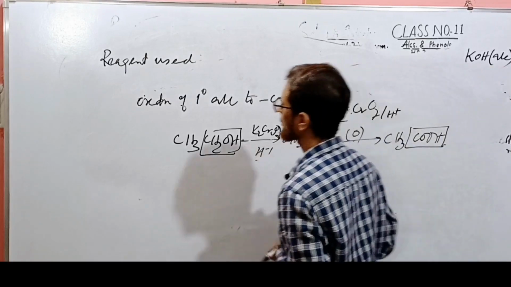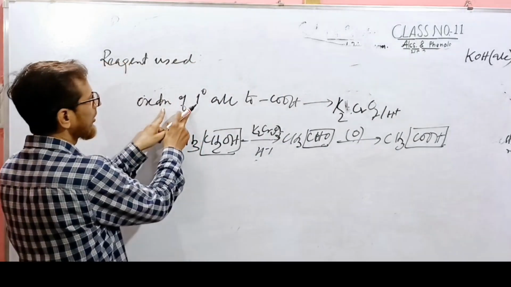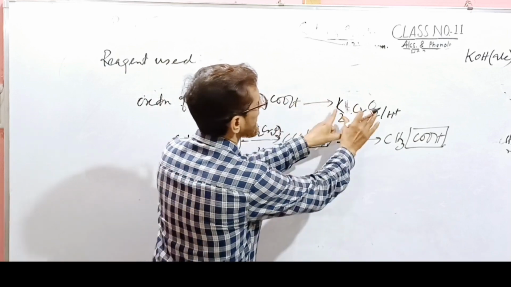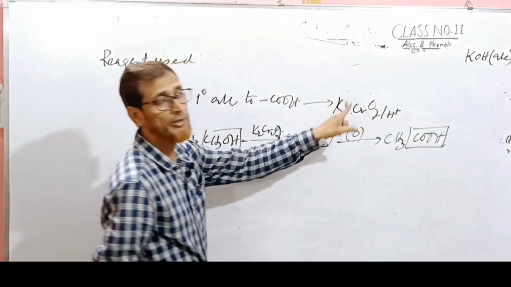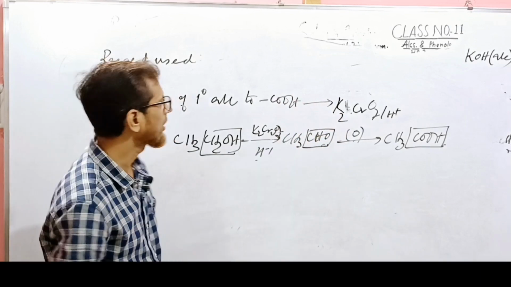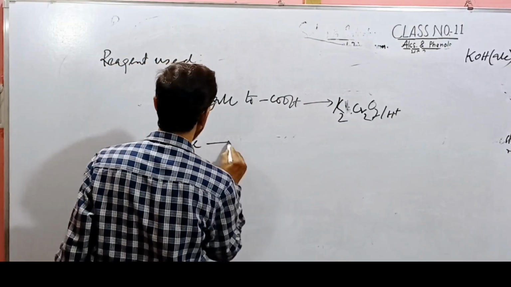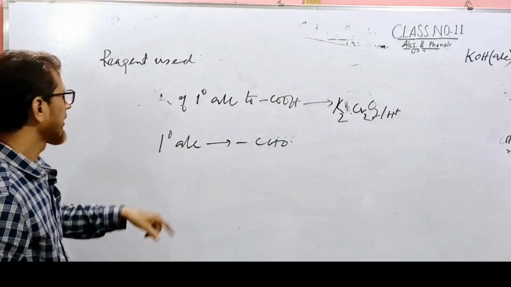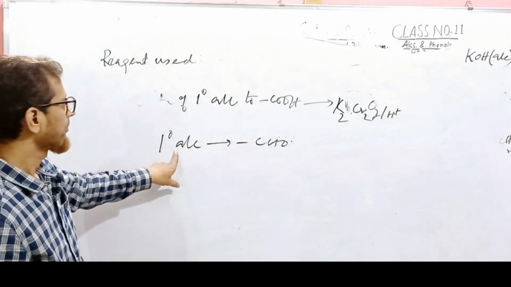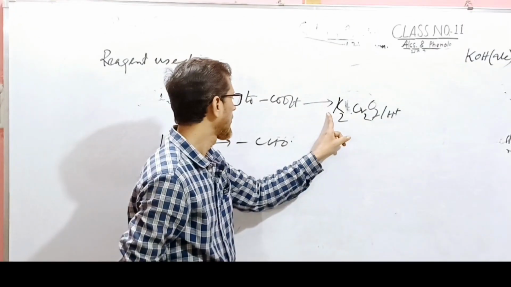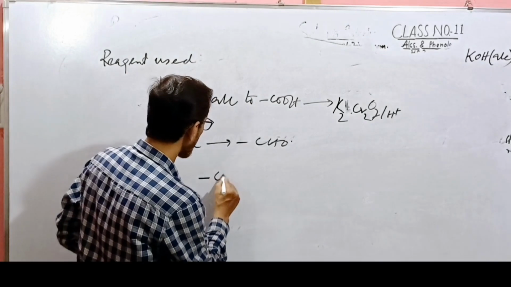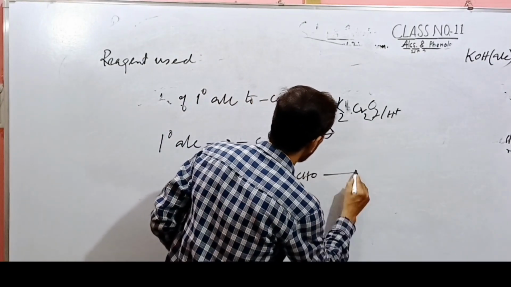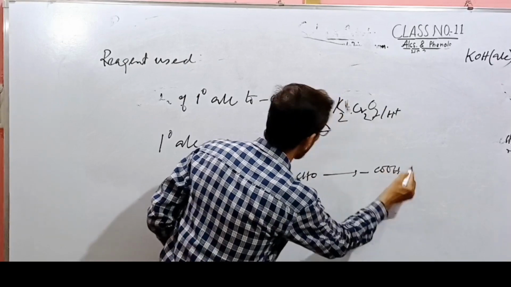So in the textual question, it is asked when 1 degree alcohol, I want to convert it into carboxylic acid. So what reagent is to be used? Answer: the reagent required here is K2Cr2O7. Just now at the very beginning I told you, if it is 1 degree alcohol, if it is strong, that CH2OH will convert into CHO, and further this will convert into COOH.